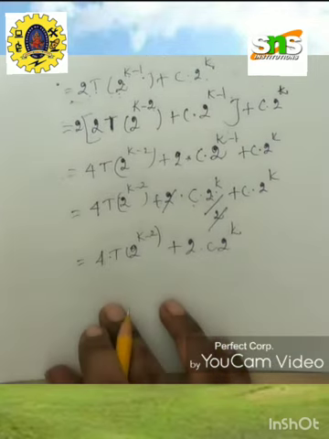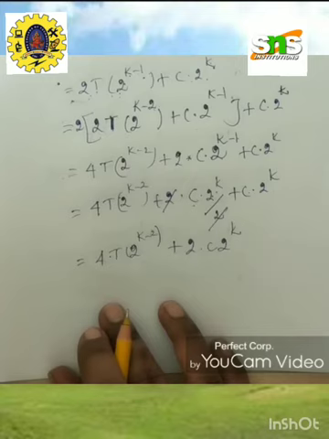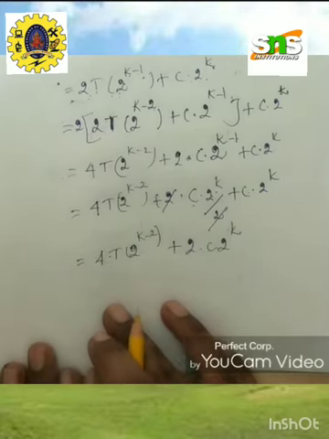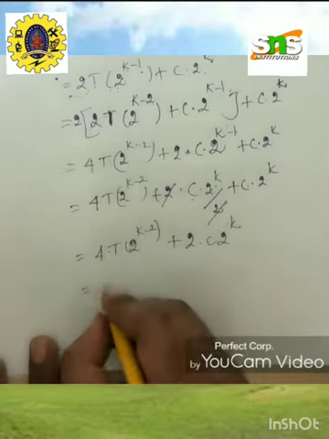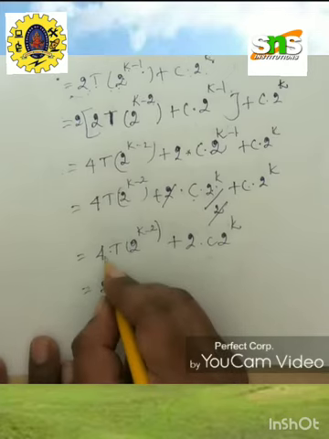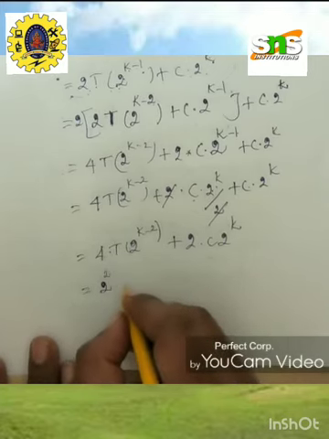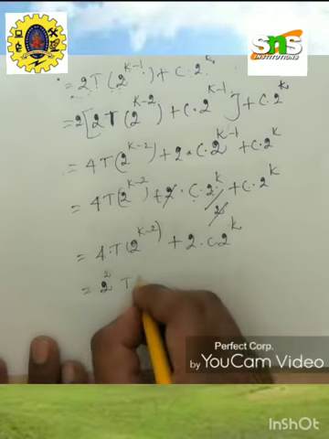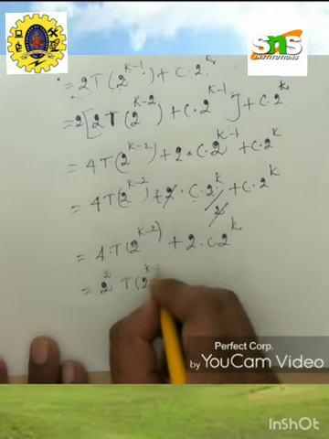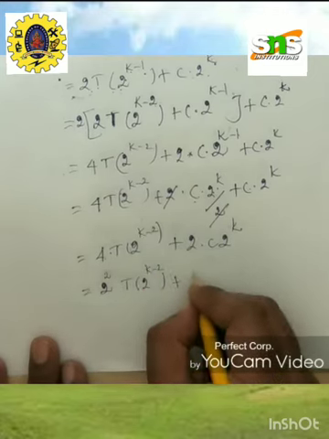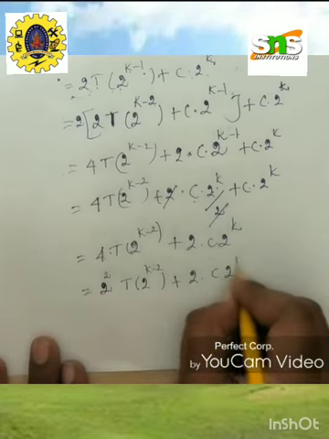Next I am going to simplify once again to apply the formula. How can you write the 4? As 2 power 2. So 2 power 2 T of 2 power k minus 2, plus 2 dot c dot 2 power k.